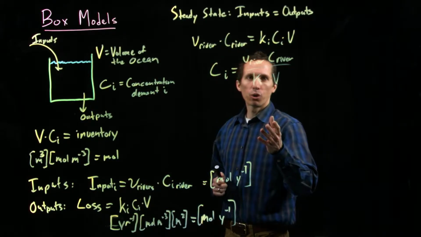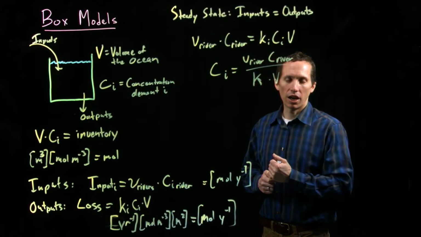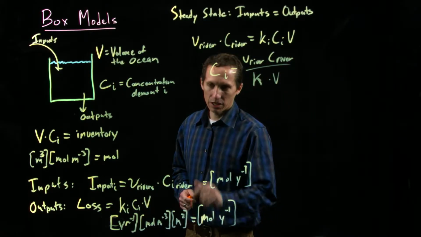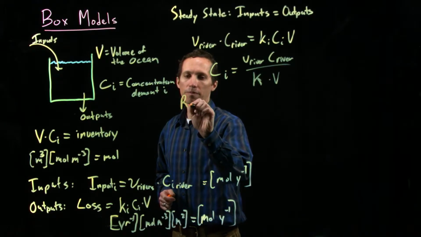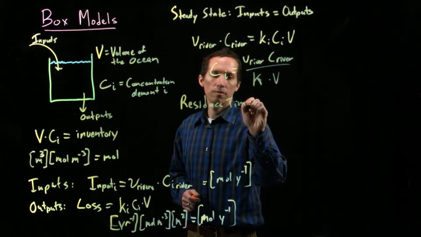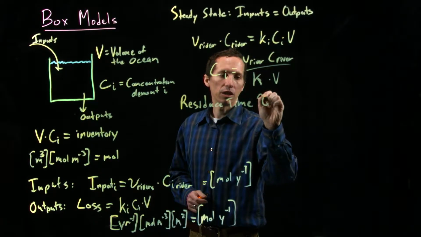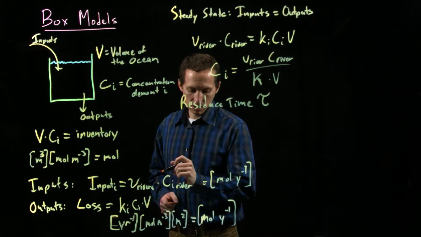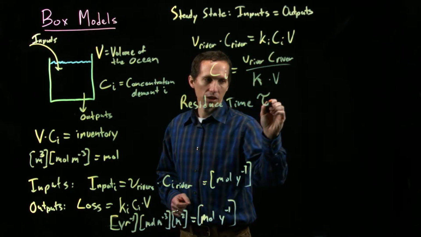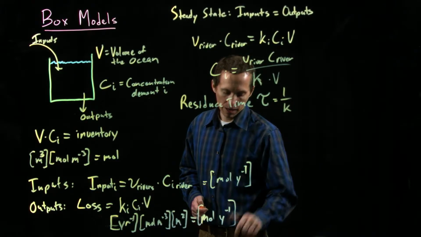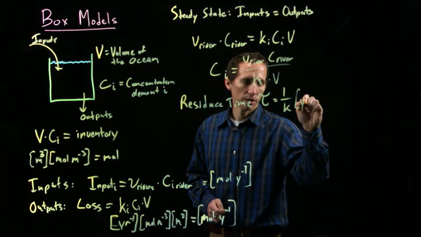Finally, a few quick definitions here that we can use to discuss this. We can define a residence time, and we can call that tau. And tau is essentially equal to 1 over k, and it's in years.